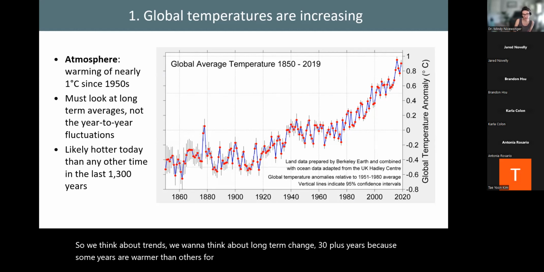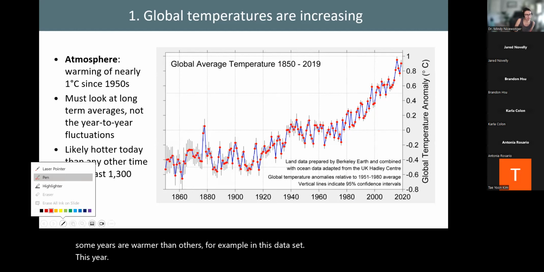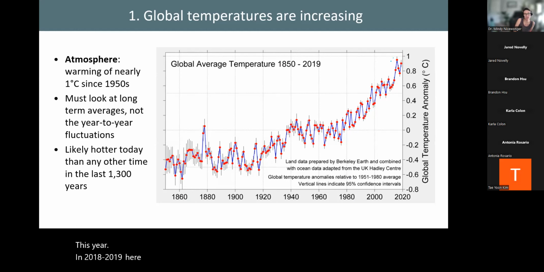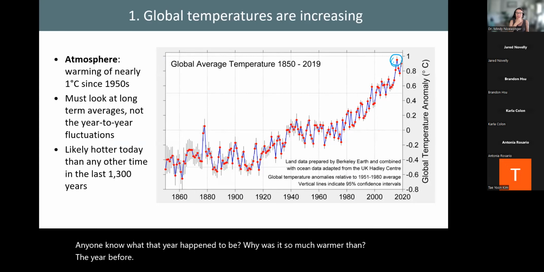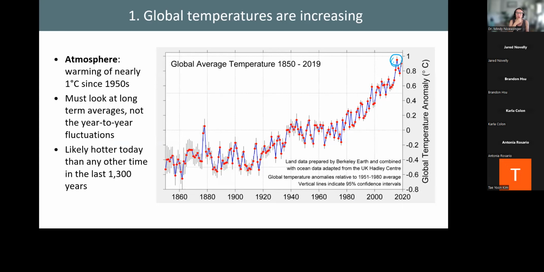For example, in this data set, this year, 2018, 2019, here I'm going to circle it, was pretty warm. Anyone know what that year happened to be? Why was it so much warmer than the year before? What's something on our planet that makes things warmer?